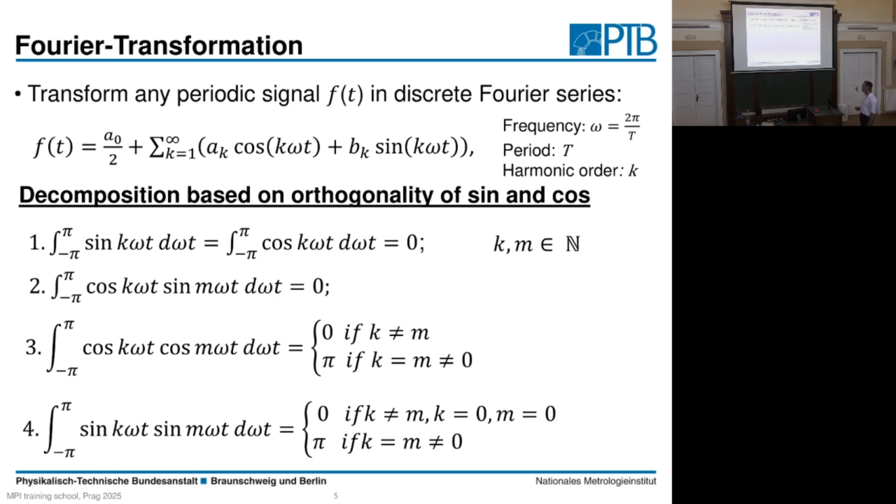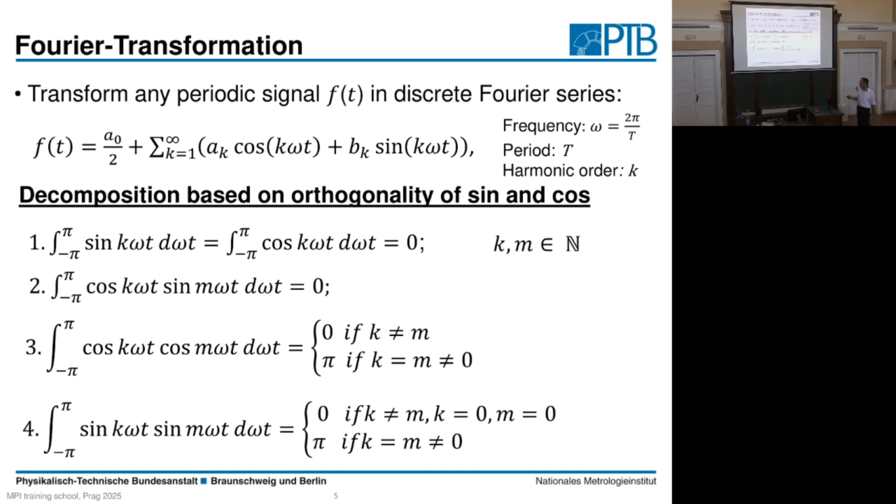The good thing about the Fourier transformation is that it doesn't matter how complex a time signal looks, we can always decompose it into a DC component, an even component by the cosine function and its harmonics, and an odd part by the sine function and its harmonics. This is possible based on the orthogonality of the sine and cosine functions.